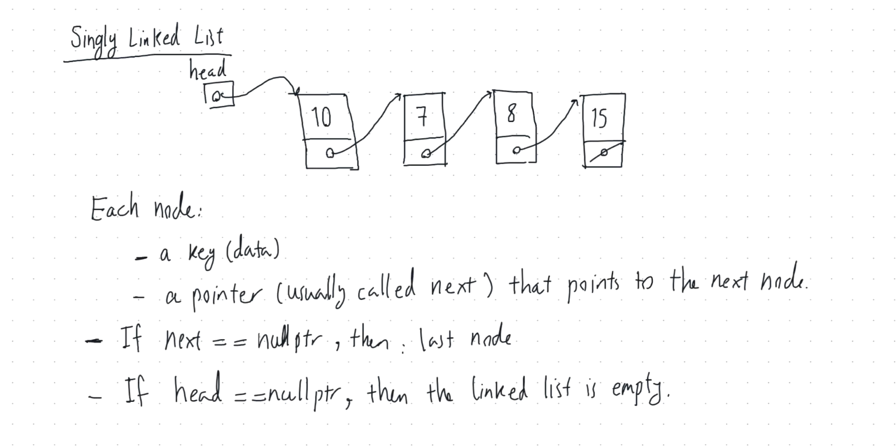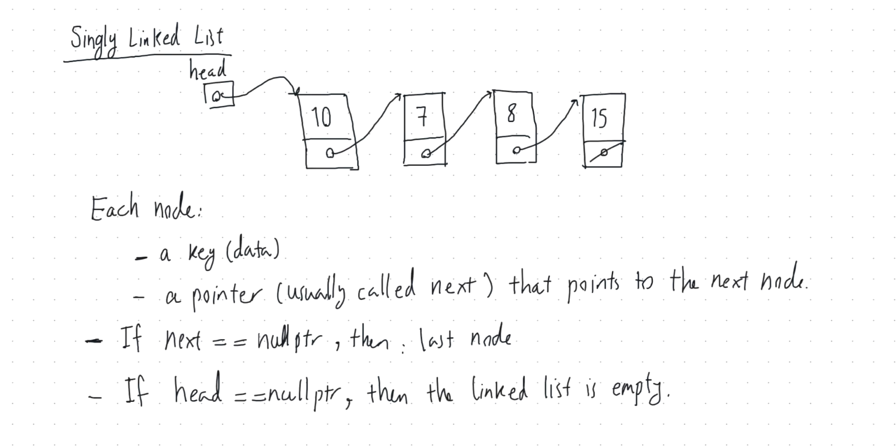That is not the case for a linked list. So I'm drawing these nodes side by side, but in the memory, they probably are not side by side. Most likely they are not. So the first node is here, and then the next node is here, and then the next node is here, and so on. And that's why we need these pointers to go from the first node to the second node and the third node.